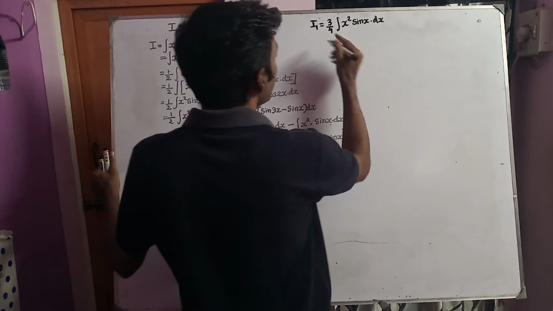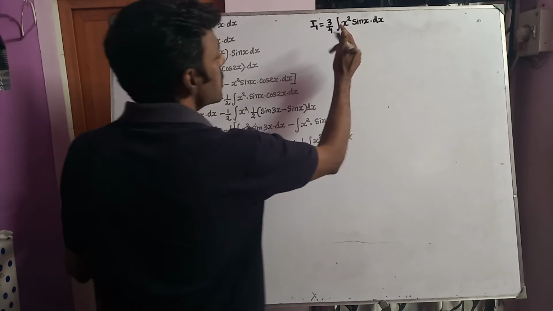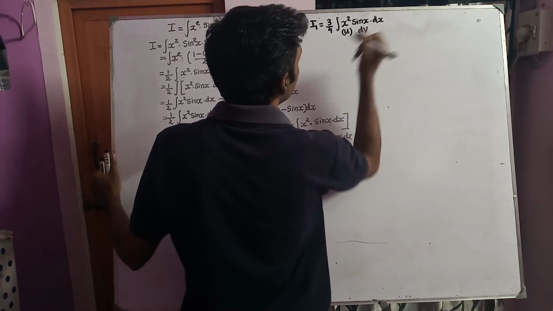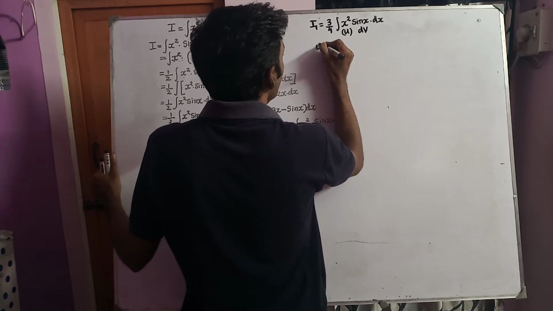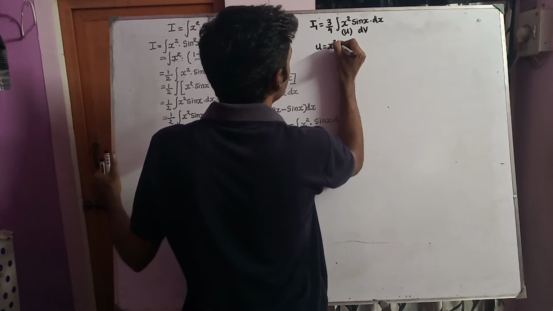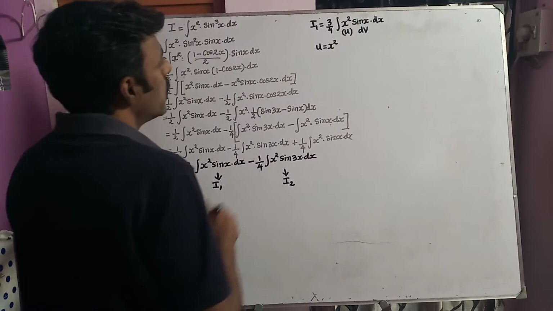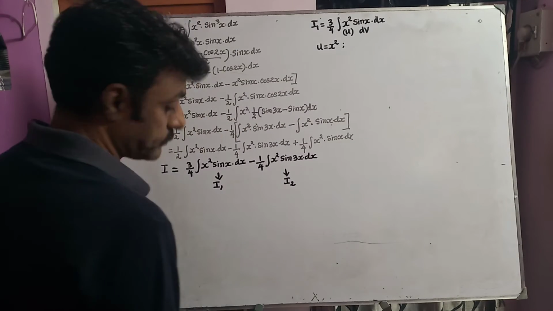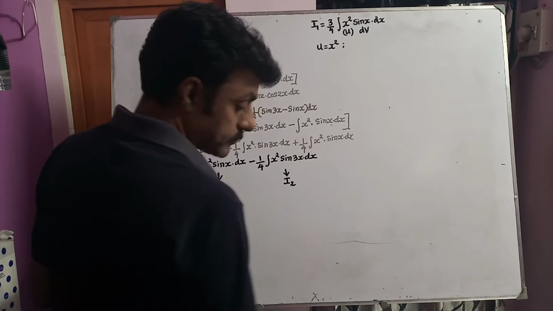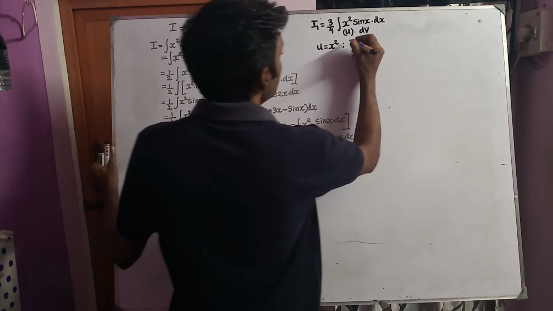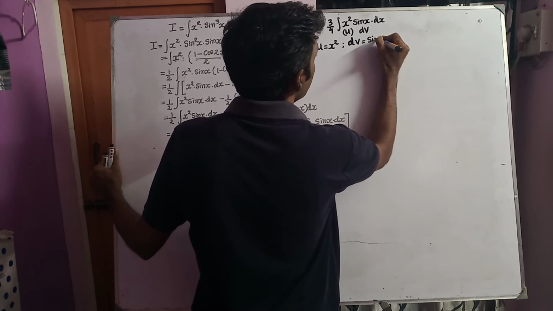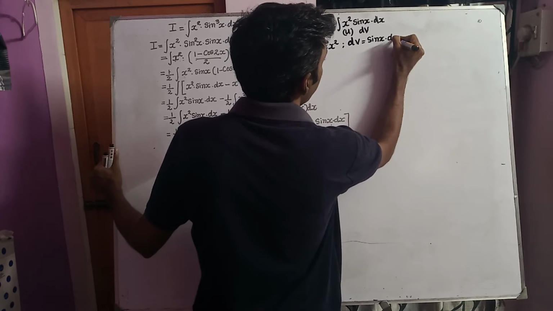Now this term will be u and this term will be dv. So u equal to x squared, and dv will be equal to sine x into dx.